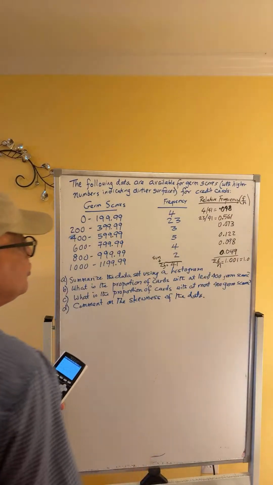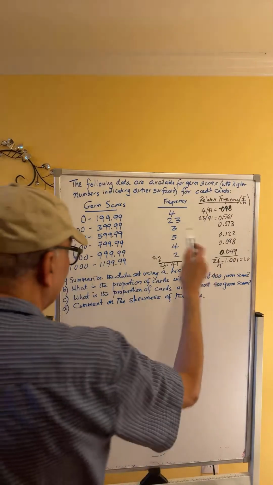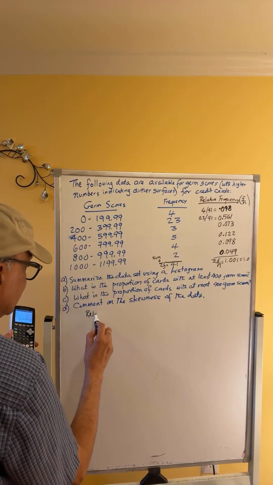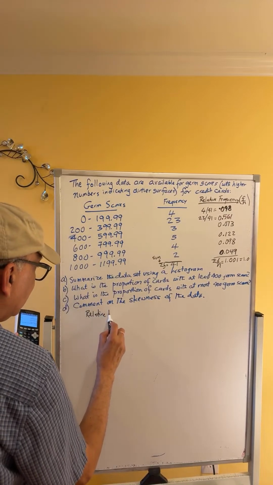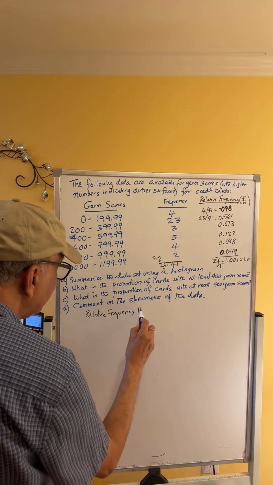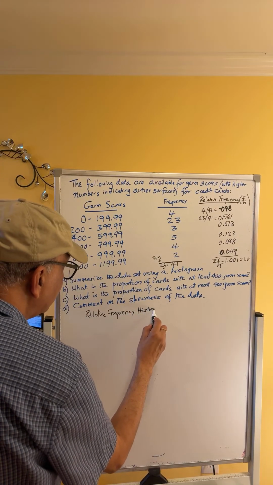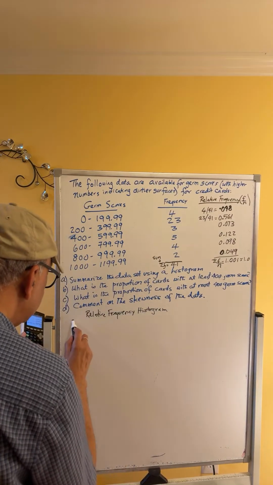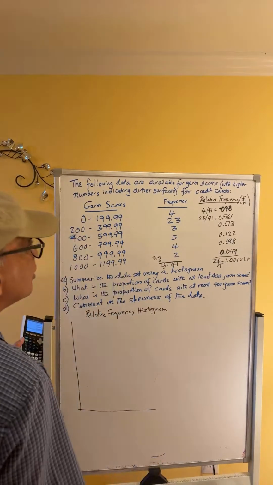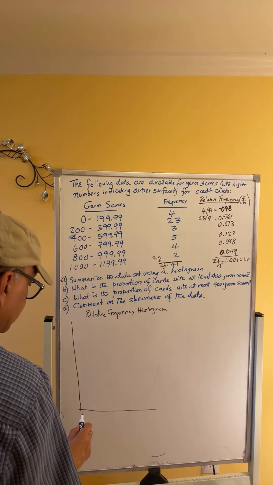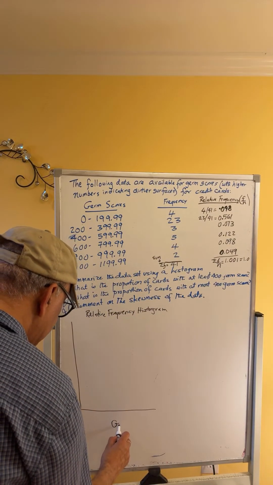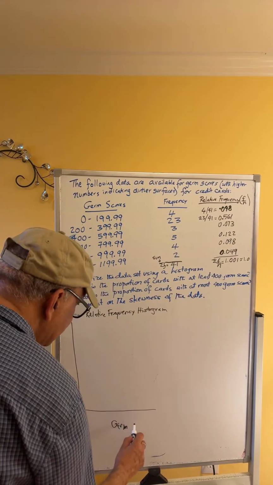Okay, now we have to summarize the data using the histogram. As I said, a relative frequency histogram. How does it look? The relative frequency on the vertical axis and the groups on the horizontal axis. Remember, my groups are classes, germ scores in this case, arranged in groups.